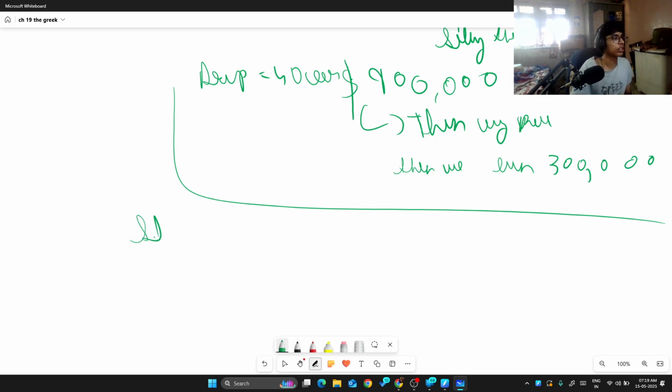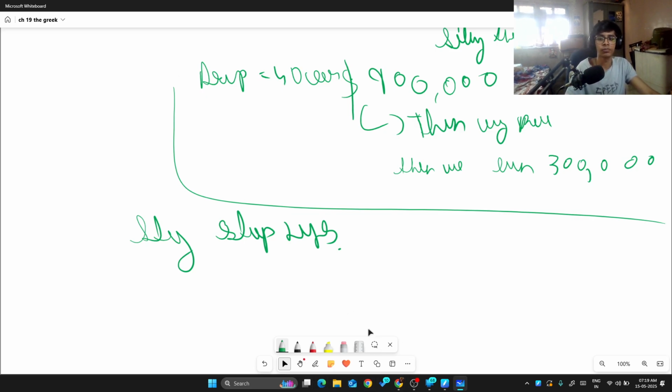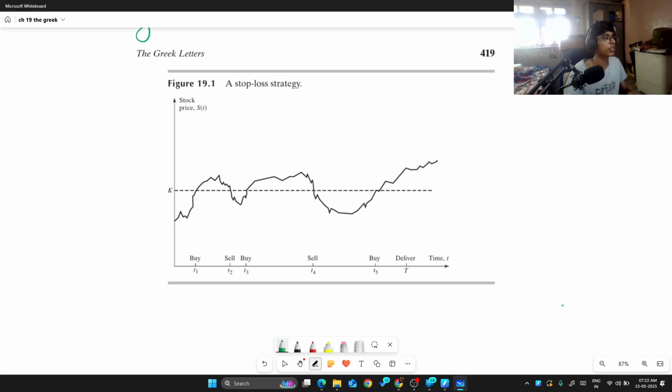Another strategy is stop loss. For this, I will show you a chart. The stop loss strategy is very simple. You can see the stock price process here, and K is our strike price. Whenever the stock price reaches K or goes above K, we buy it, and if it goes below K, we sell it.